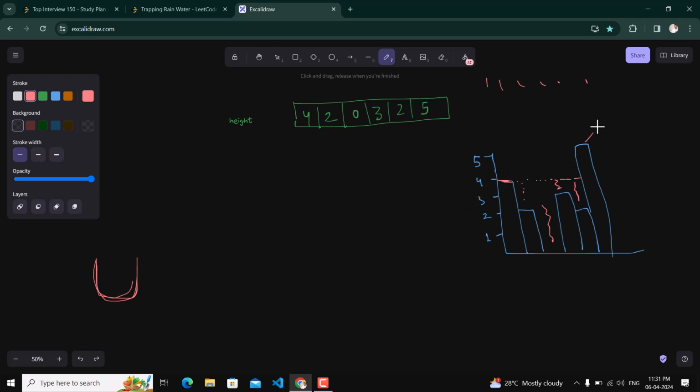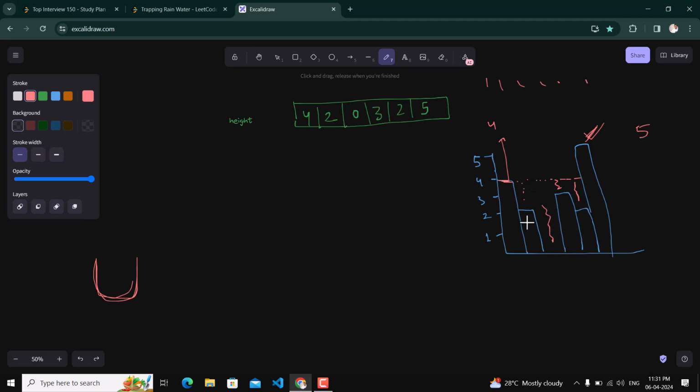The maximum bar height is 5, but we cannot store up to there because we need another bar to support that height, and the other bar has height 4. So more than 4 units of height we cannot use, because it will fall out.